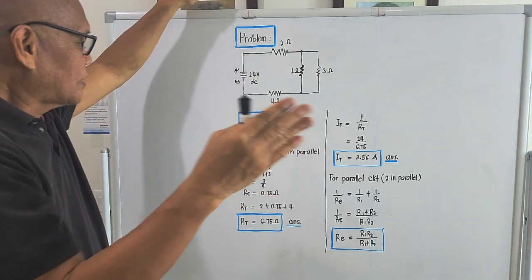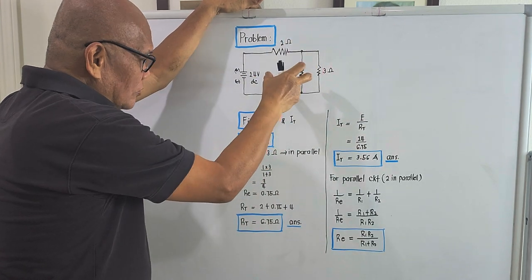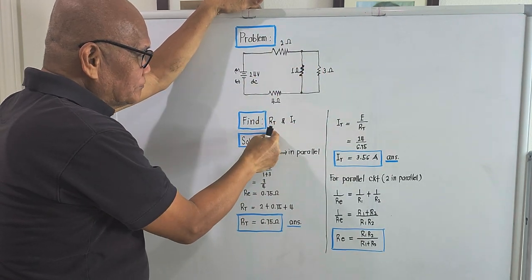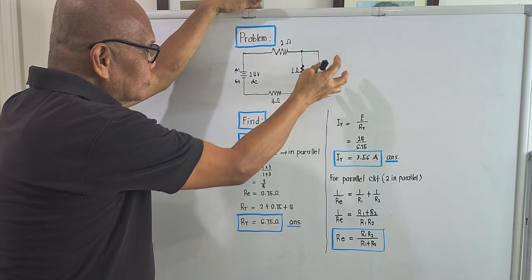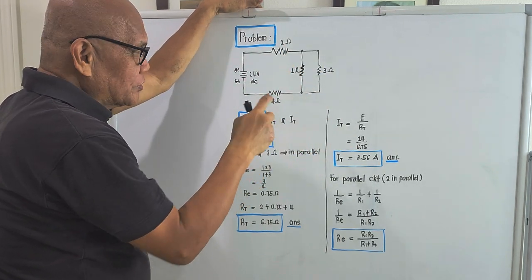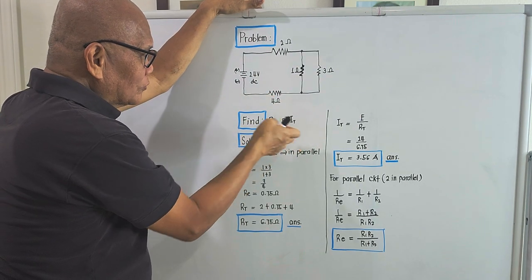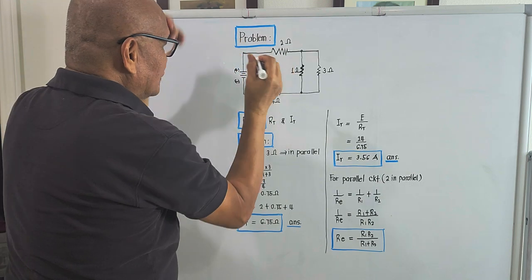The problem is just asking for the total resistance of the circuit. Total resistance, meaning if we take the single equivalent resistance of this, what will be R total? And what will be I total equal to?